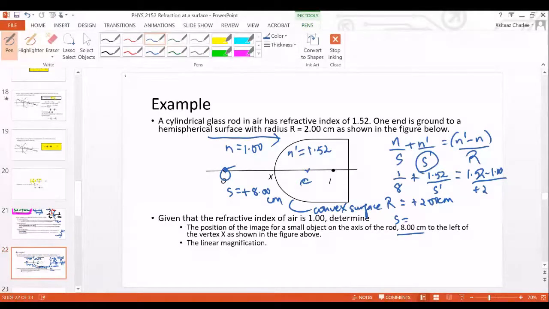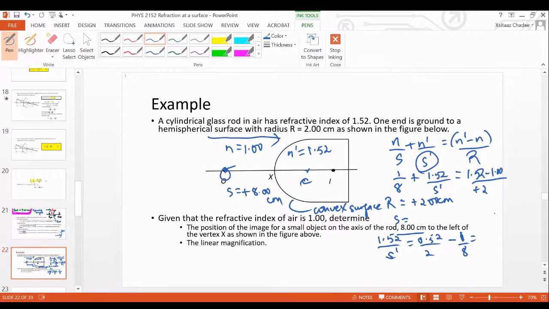and we can rearrange this equation and solve for s prime. So we have 1.52 over s prime is equal to, the left hand side here is 1.52 minus 1, which is 0.52, divided by 2 minus 1/8.